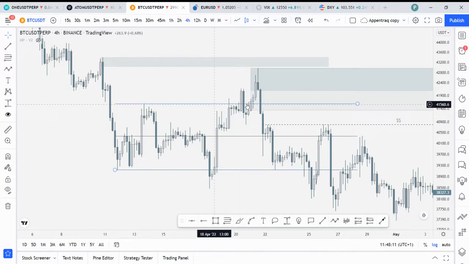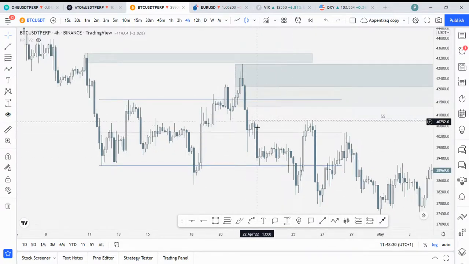If you want to look for a short, price has deviated and come back into the range. You wait for a retest of this range high. Fortunately, here we didn't get a retest. If you didn't get a retest, you can enter after price deviates back into the lower part of the range, and then you have a retest of the midline here as your stop loss.